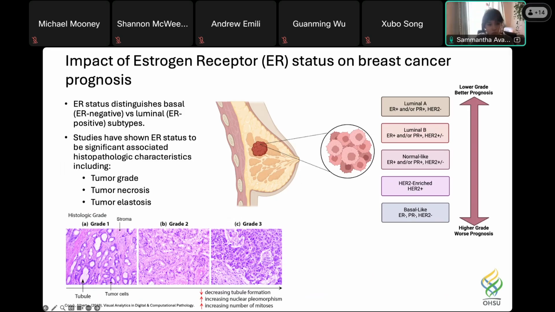And so for a luminal subtype, this means that they have more tubular structures present, as well as decreased nuclear pleomorphism and decreased number of mitosis, whereas for basal, because it is grade 3, this leads to a decreased tubular formation, as well as increased nuclear pleomorphism and mitosis.